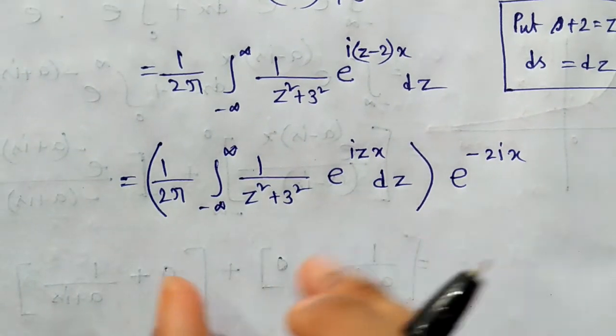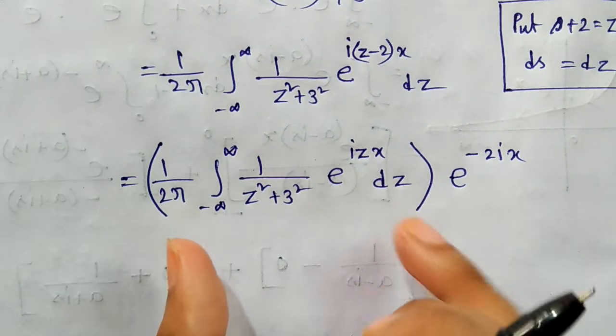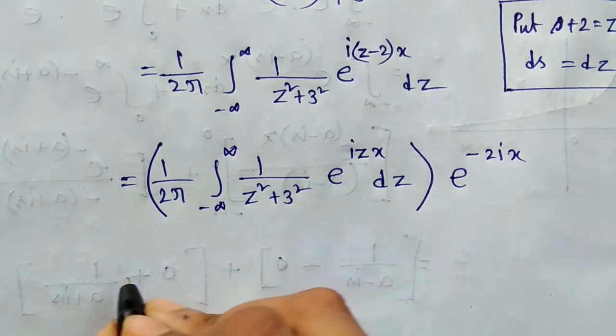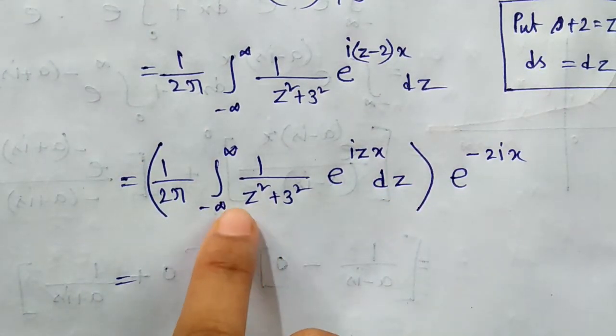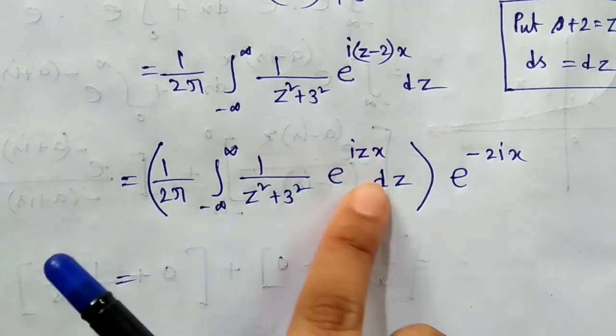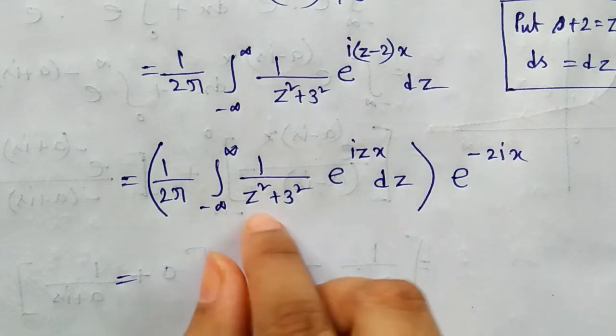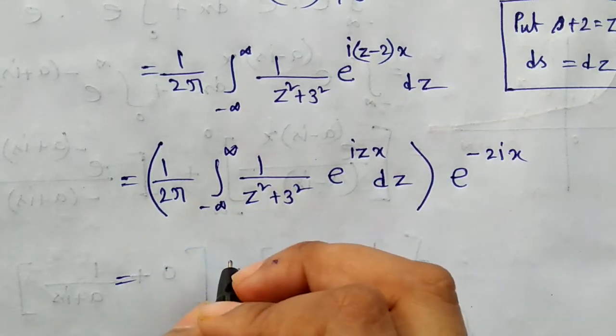Now just see this within bracket portion. We can write this integration using s variable instead of this z variable.